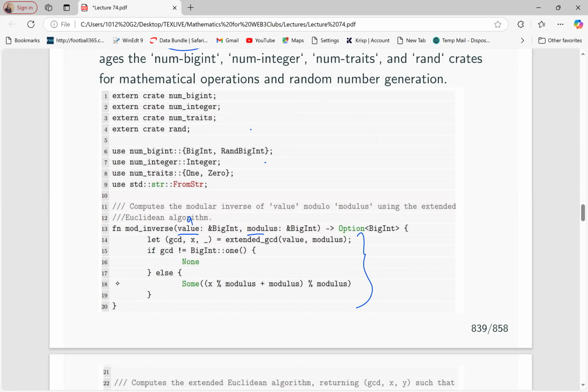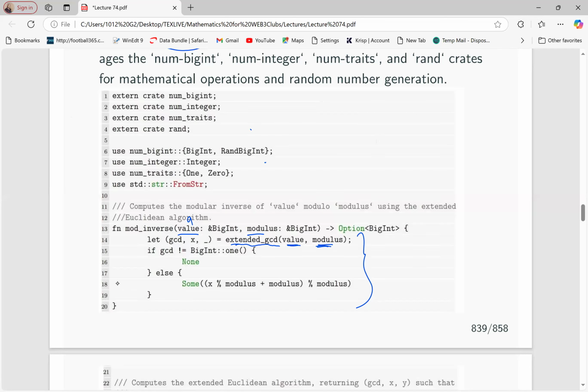Let's say the modulus is 7, also a big integer. We'll be working with big integers. So if it wants to get the inverse of A or X, first of all, we must know that it's using the extended Euclidean algorithm on that A and the modulus.